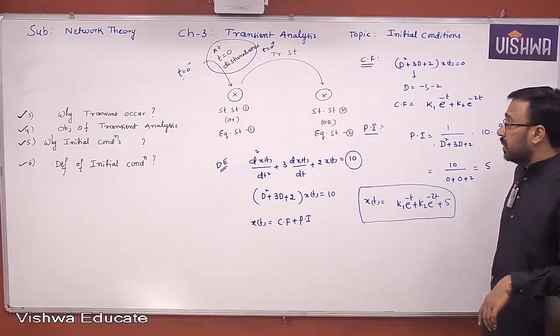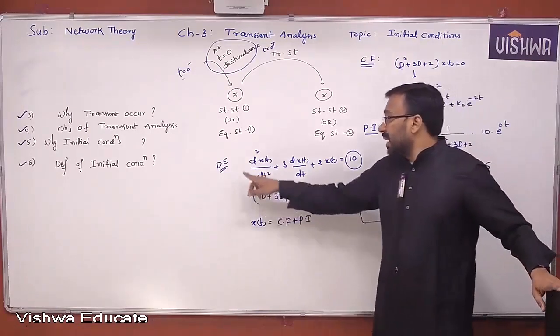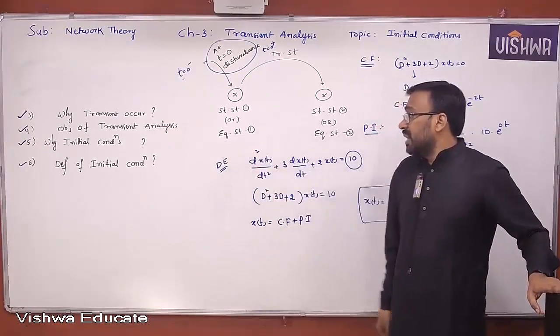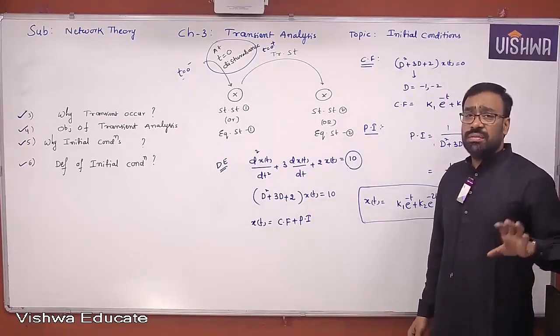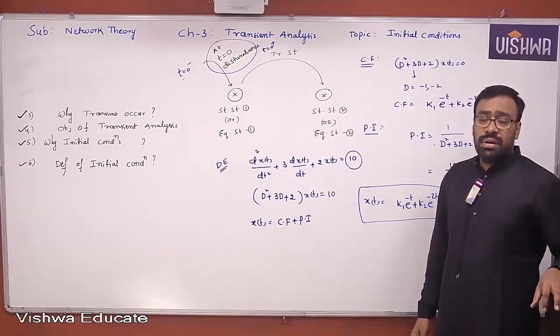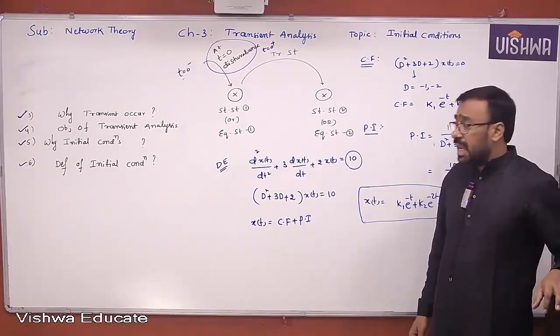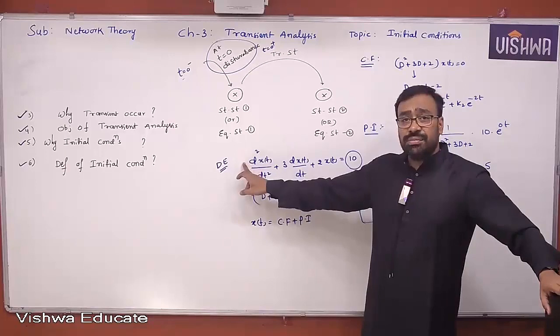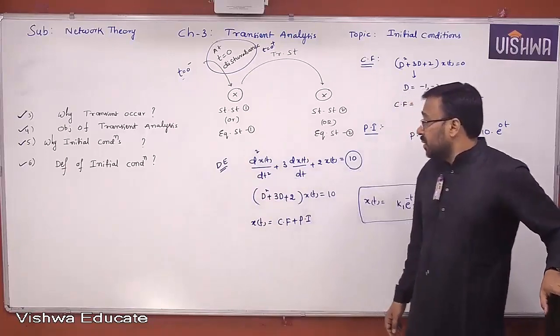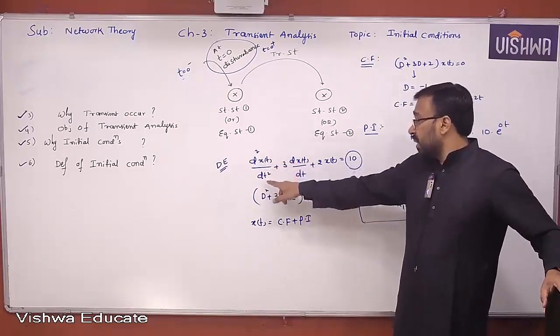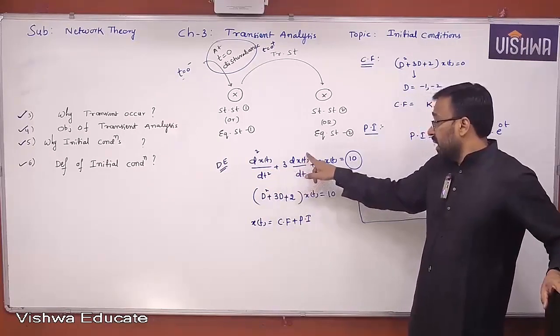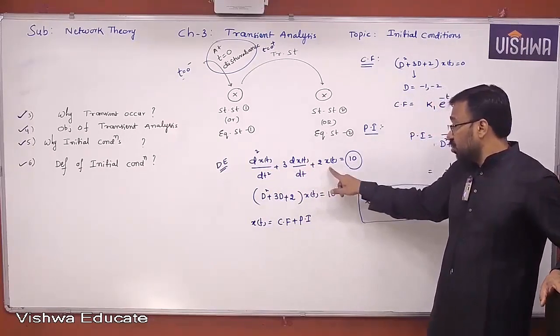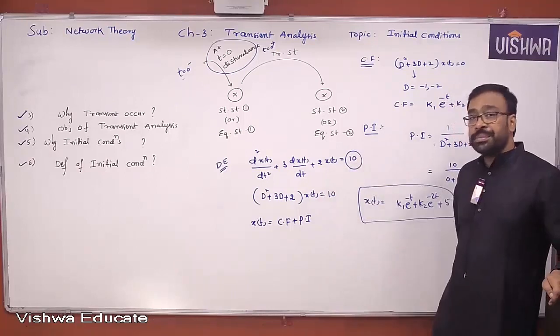Okay. Now, write down here. Let the differential equation of a particular system be d square x of t by dt square plus 3 dx of t by dt plus 2 into x of t is equal to 10.